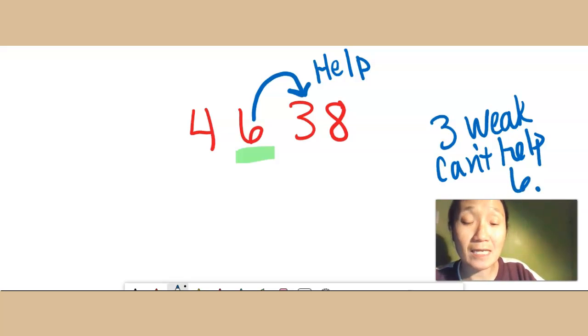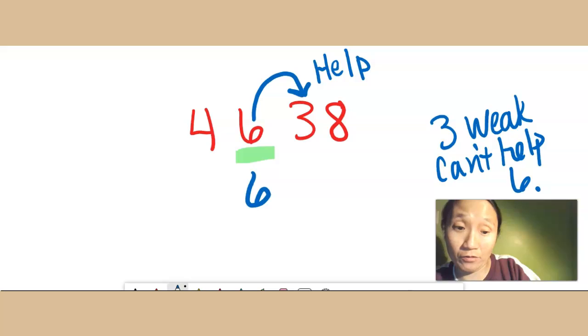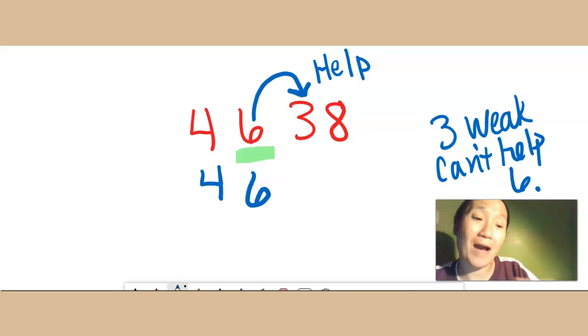So 6 cannot change. 6 will stay the same. 4 doesn't care. 3 and 8 bounce because 8 was following 3. So our number here is 4,600. It rounds down. Okay.